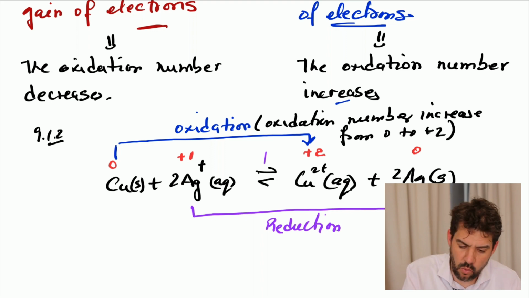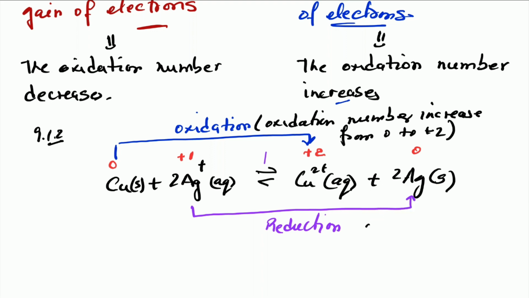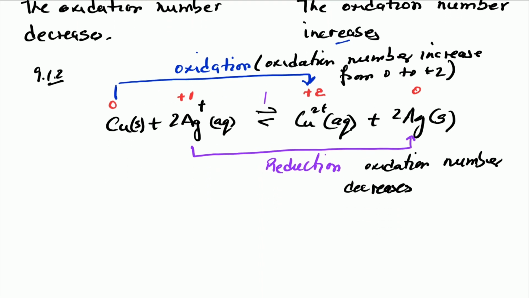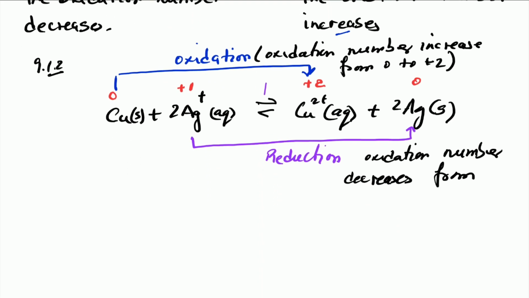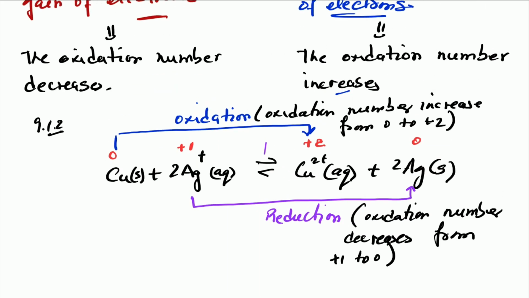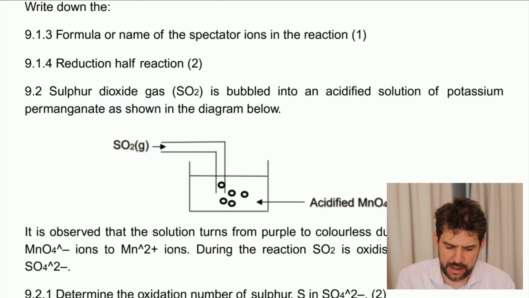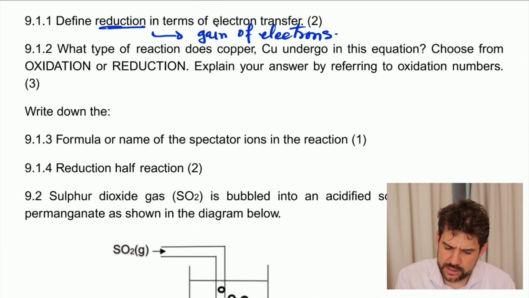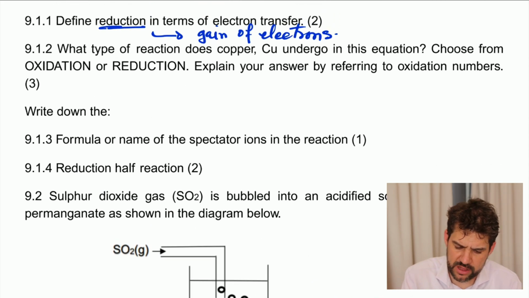All right, and now why is reduction? Because the oxidation number decreases from positive 1 to 0. That is why it is reduction. So now we answer a question already which asks about which one. So from oxidation or reduction, copper.